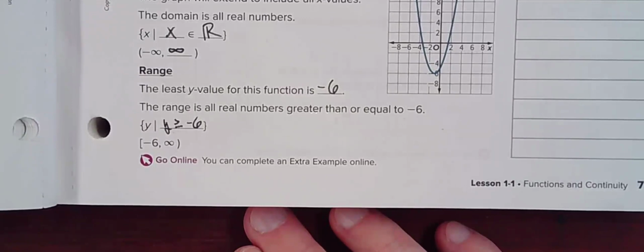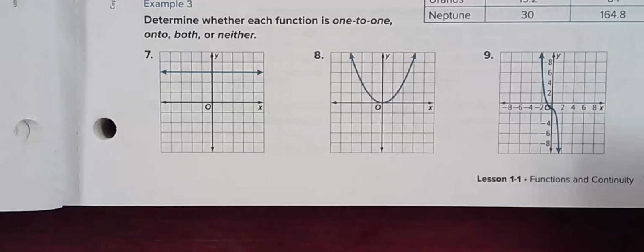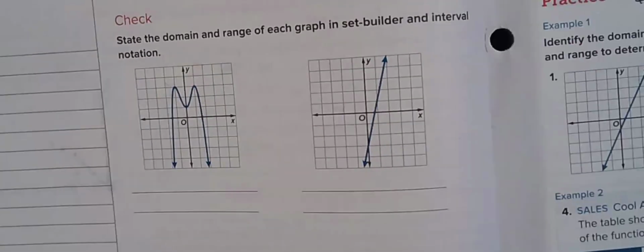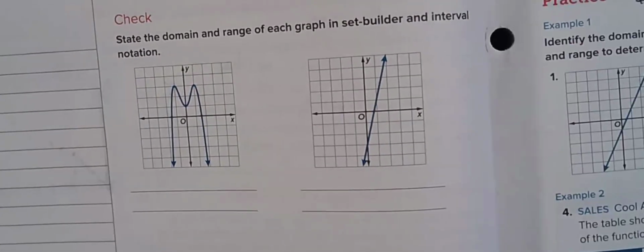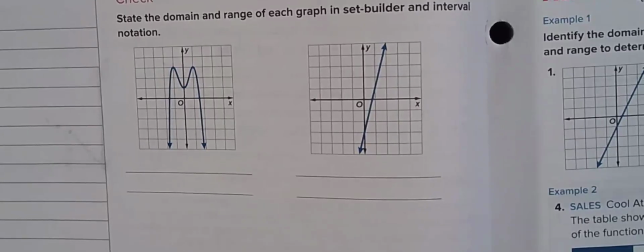All right. Questions so far? Okay, turn the page. I want you to try the 2 at the top of this page. Write the domain and range of each of them in both set builder and interval notation. I'm going to give you 2 minutes.